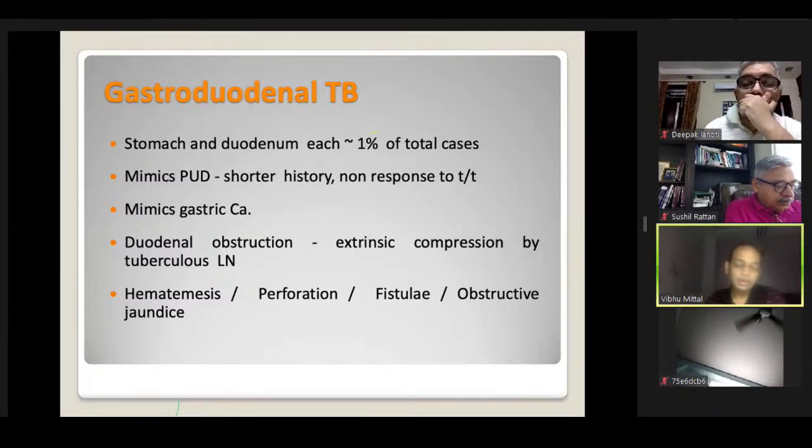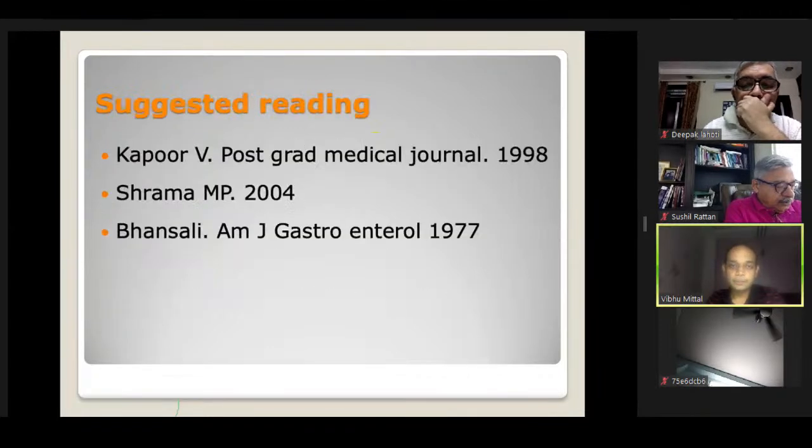The patient may have, at follow-up or at presentation, duodenal obstruction because of extrinsic compression from tuberculous lymph nodes. Hematemesis, perforation, fistula, and obstructive jaundice are all complications you can have in gastroduodenal tuberculosis. It might be difficult to make this diagnosis straightforwardly, so you have to be aware of this.